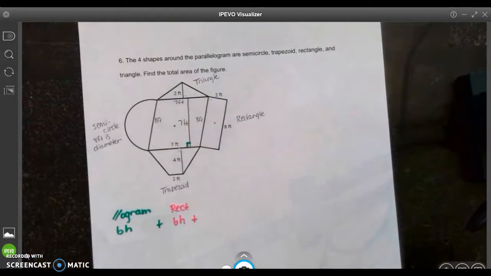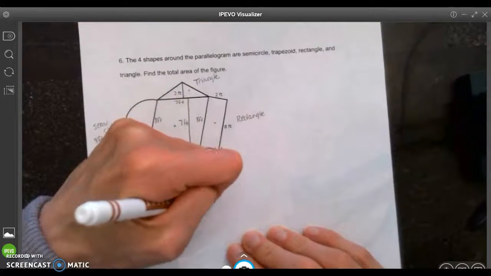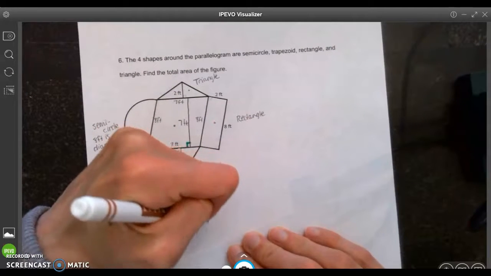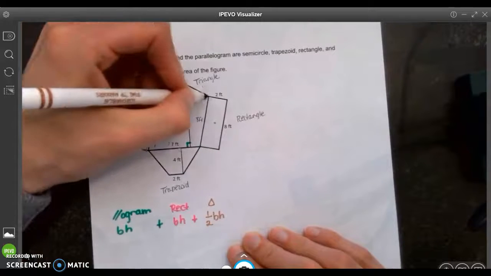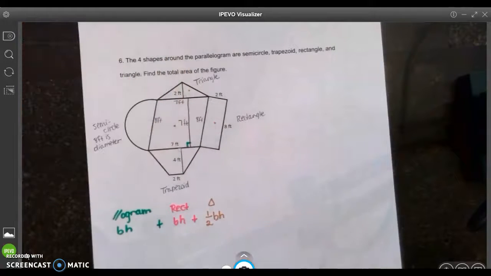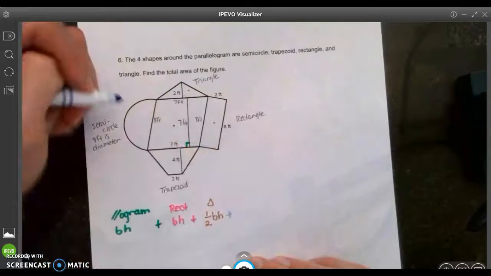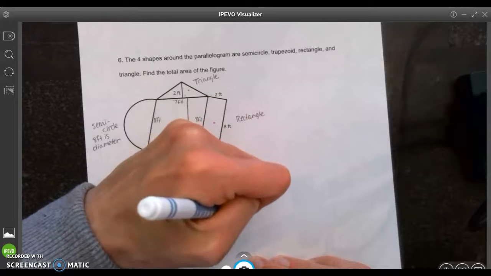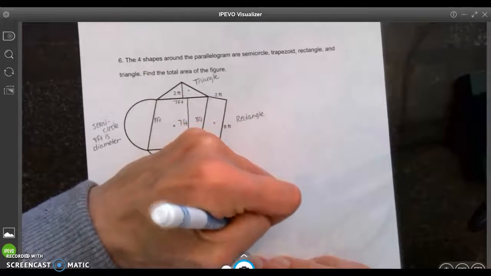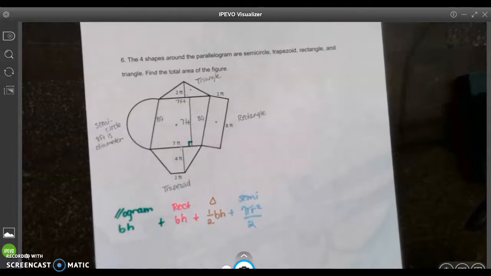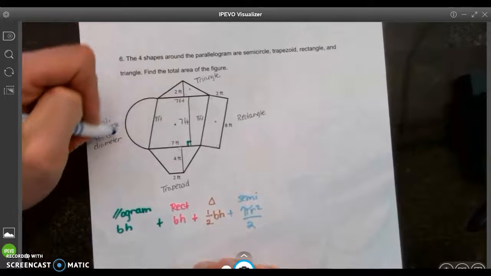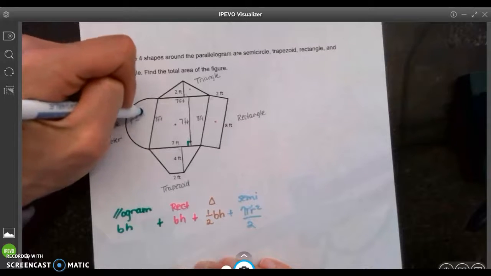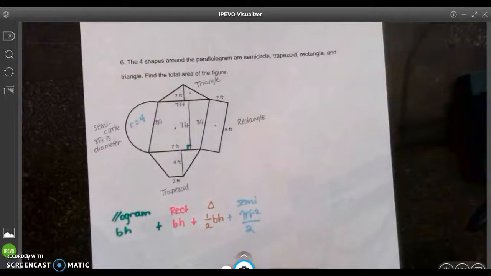And we're going to add that to the triangle. So the triangle, we're going to use 1/2 base times height. It has a base of 7 and a height of 2. And we're going to add that to the semicircle, which we used once already, pi r squared divided by 2. So you can have a decimal for this problem also. The diameter is 8 feet, so the radius is going to be 4 feet, and you'll plug that 4 in there.